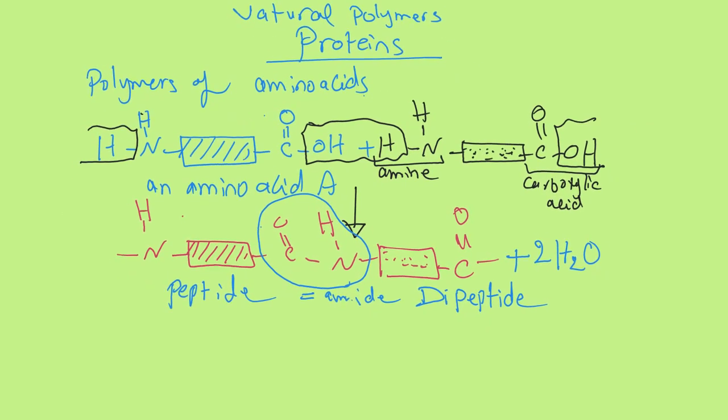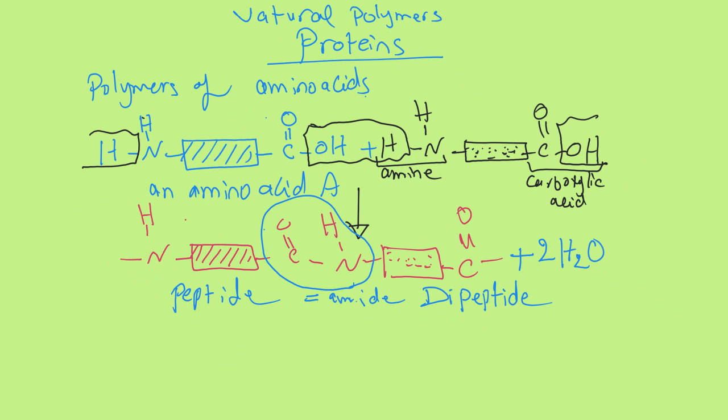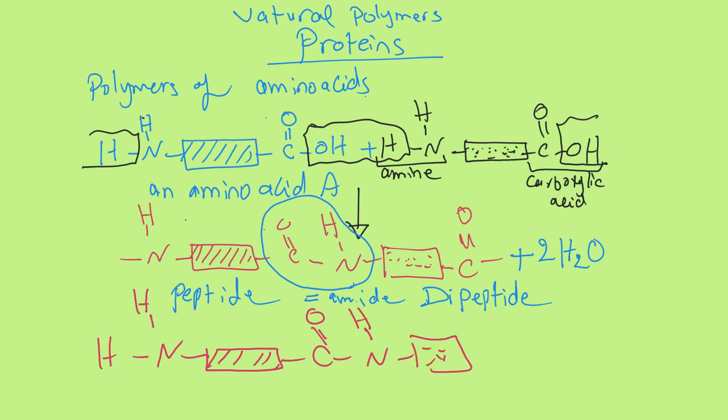Polypeptide: draw the same molecule, the same unit, and you'll draw it again, but put n. So I'll draw it, NH, CO, NH, CO. I did a mistake, no H here.